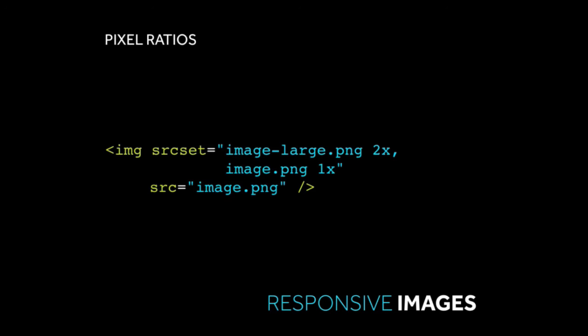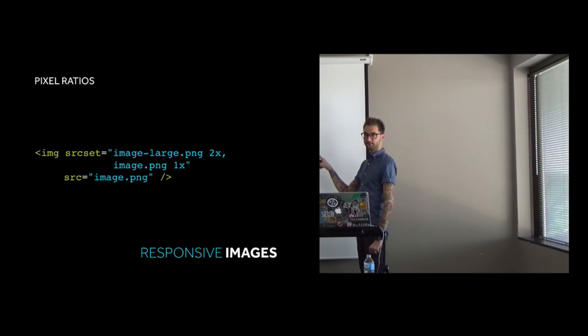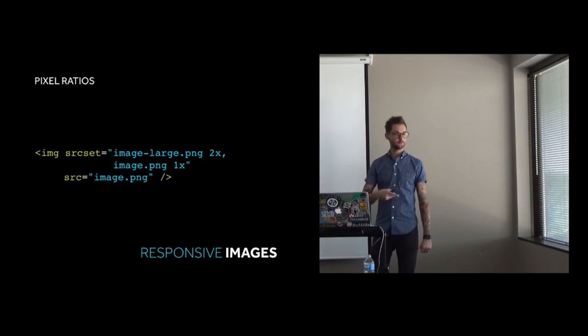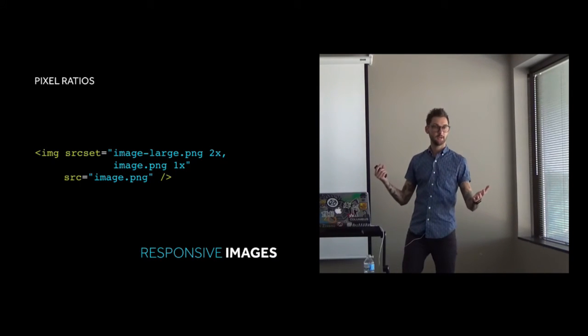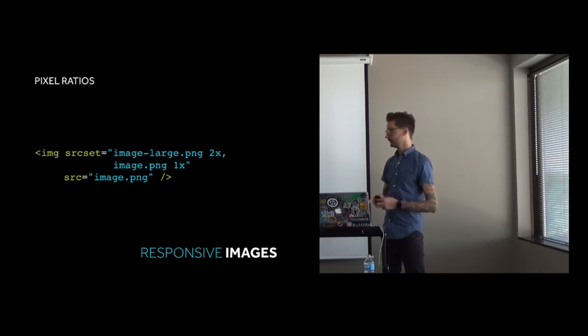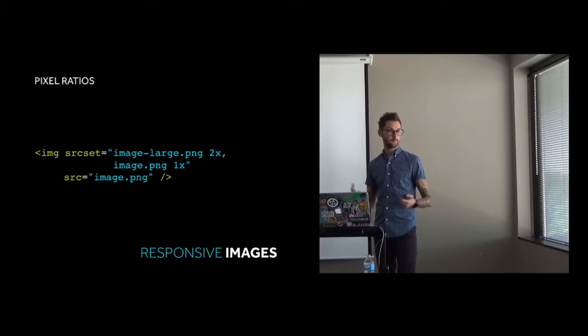So in this example, pixel ratios, the srcset here is the new element, and here we have image-large.png, and the pixel ratio is this 2x. So this means that if my browser or my monitor has a 2 times pixel ratio, so like your Retina screens that are out there, you can serve up a 2 times image.